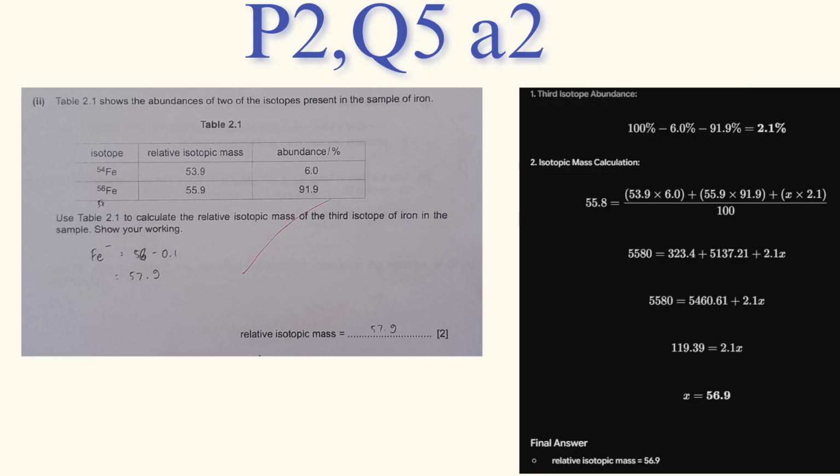5a2. Calculate the relative isotopic mass of the third isotope of iron in the sample. Show your working.